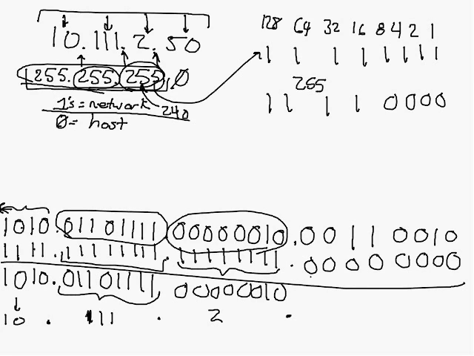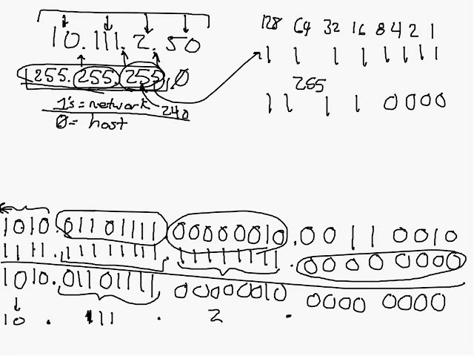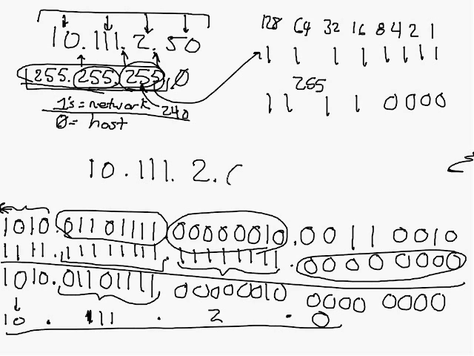And now I'm ANDing this number with all zeros. Anything ANDed with a 0 is 0. So the last octet is all zeros. So the network address is 10.111.2.0. That is the network address.